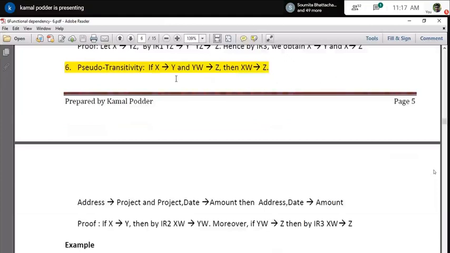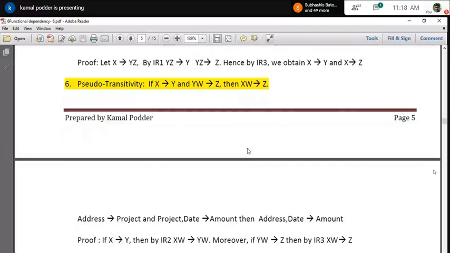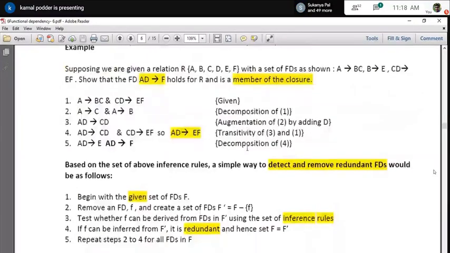Similarly, pseudo transitivity is also there. If Y depends on X and Z depends on Y, then we can say that XW depends on this. So these are the six rules basically. We have to apply these six rules to find the FDs, the closure of the FDs, and then find the redundancy and all those things.